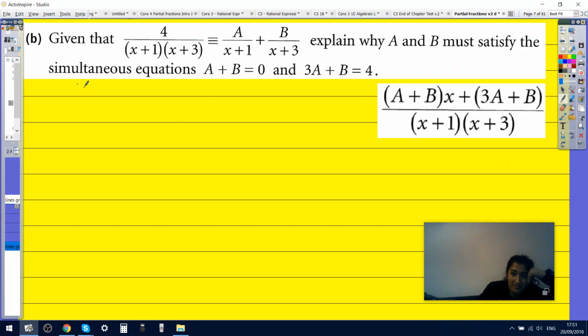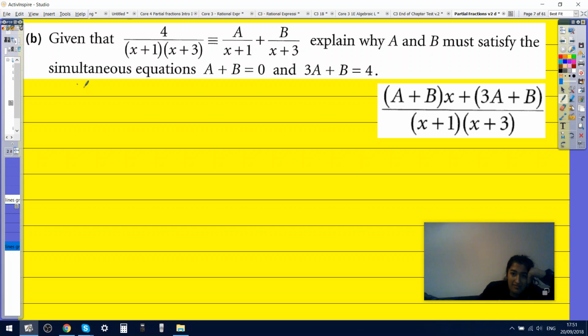A over x plus 1, B over x plus 3, and then you do 4 for the 3 lines: A times x plus 3 plus B times x plus 1.